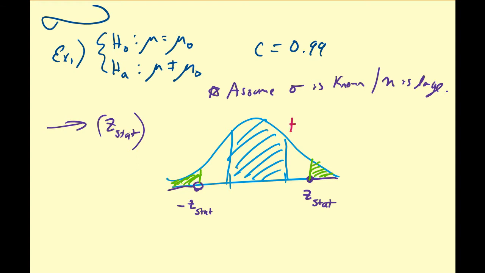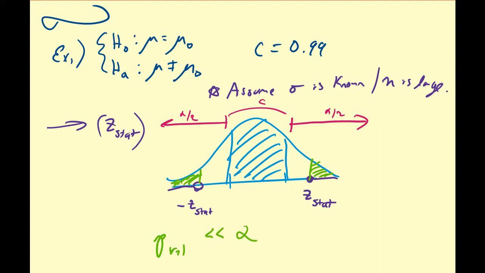And keep in mind, this inside region is C, so this is alpha over 2 and alpha over 2. So this green region should be significantly small, but less than alpha. Alpha corresponds to the complement of C, so the green region definitely should be less than alpha. That's the goal here. So our goal is to make sure that the p-value is less than alpha, and that's always going to be the goal for a p-value hypothesis test.